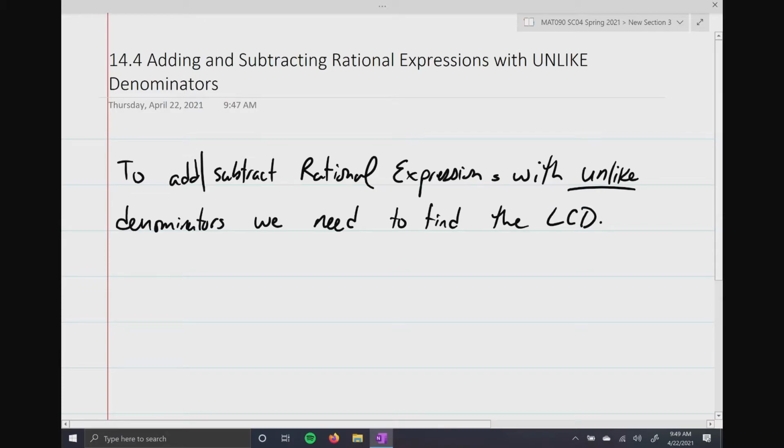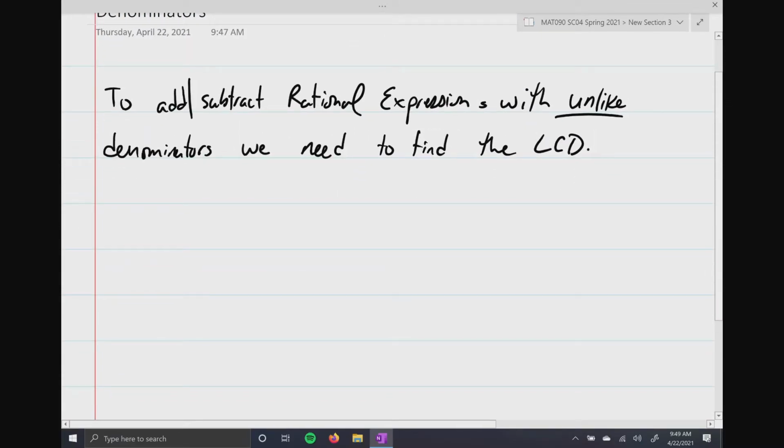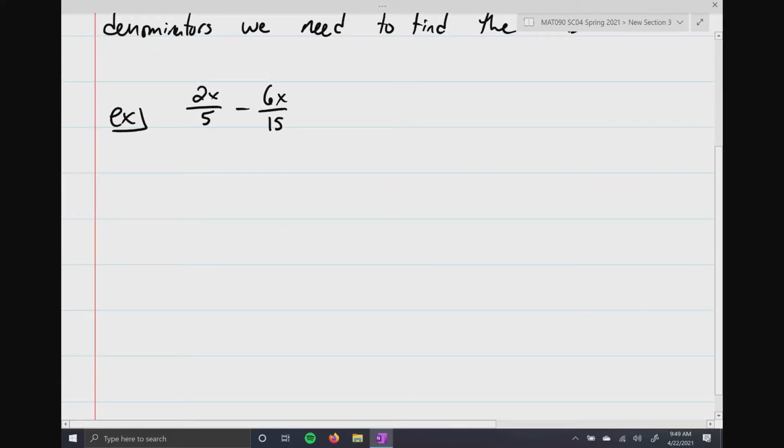So, let's look at an easy example. 2x over 5 minus 6x over 15. Now, there are plenty of ways to do this. Some of us know shortcuts, and that's fine. I don't know what you know. So I'm going to just show you the easiest way to do this. At least it's easy for me. It's a little bit lengthy, but I hope it makes sense.